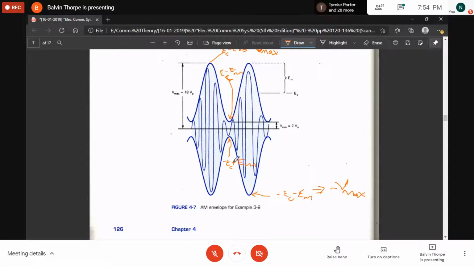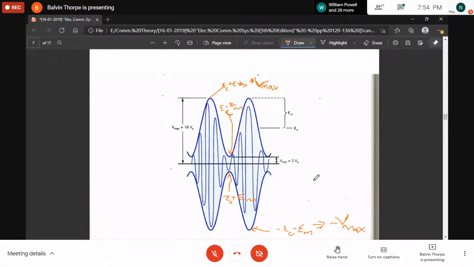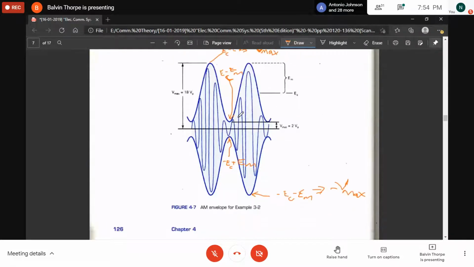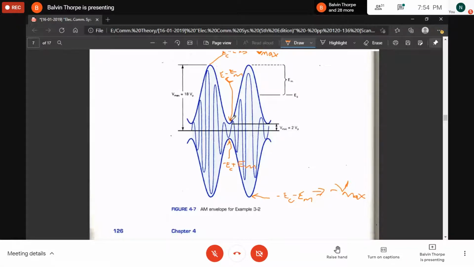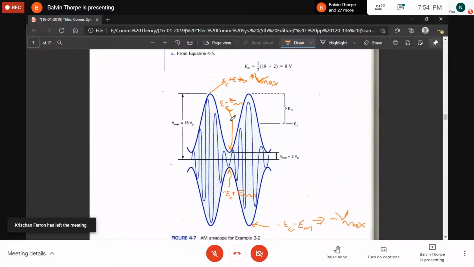Yeah, that's what I'm saying. Because if you say max, there must be a minimum. Here is minus V max right here. Here is positive V max. Here, I didn't write it, but it's minimum V max. And here is minimum positive V min, right?